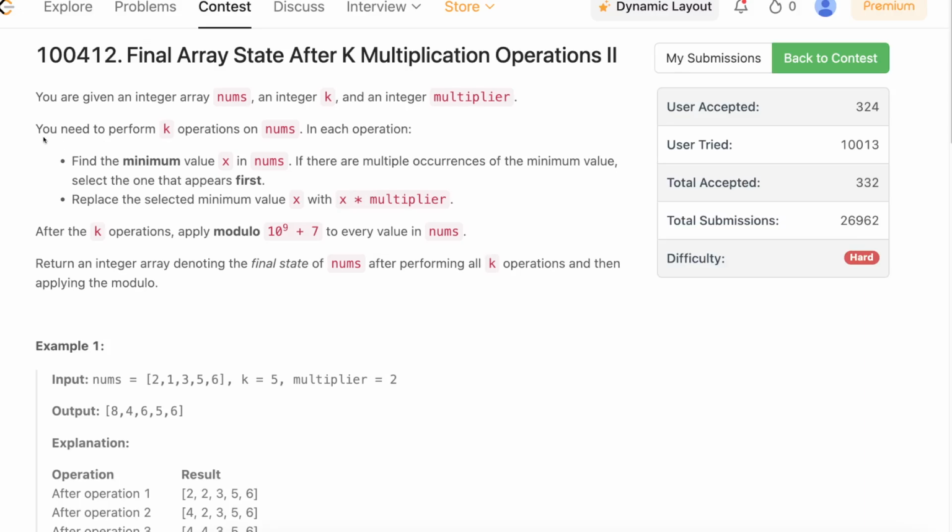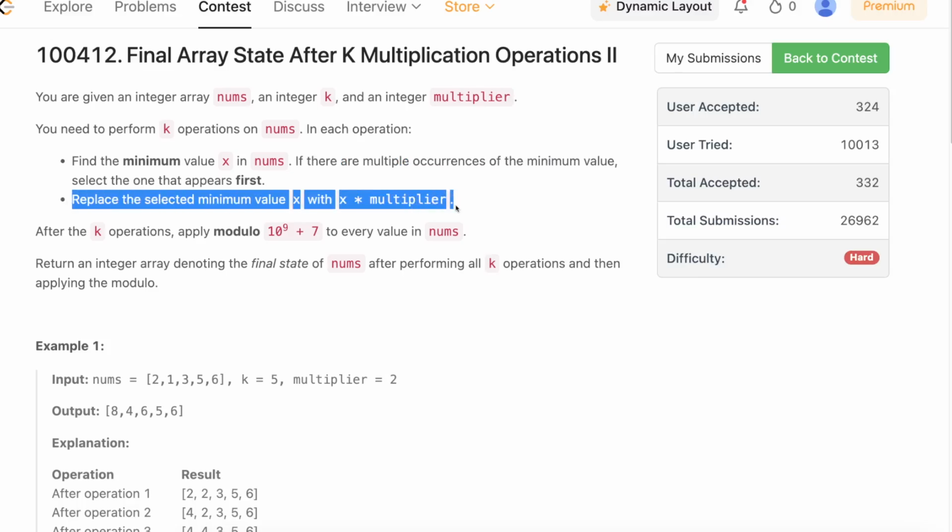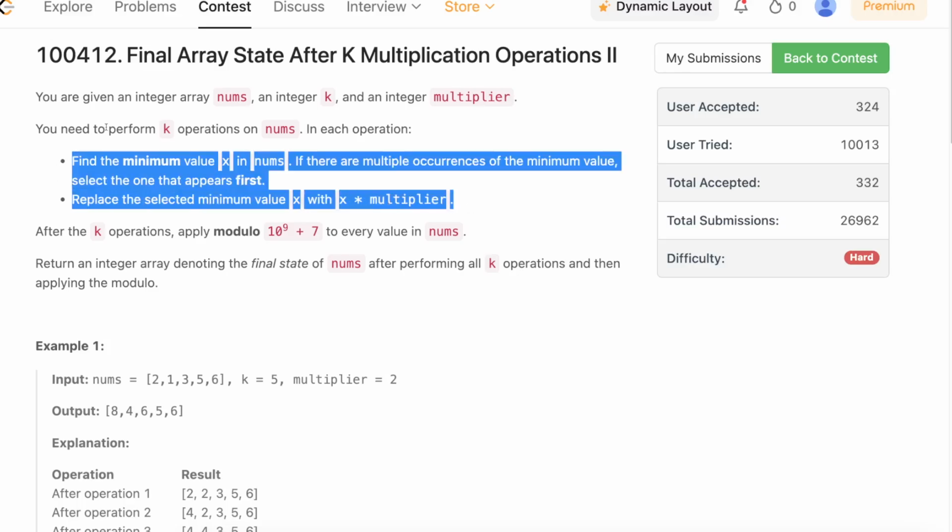Operation is you will find the minimum value x in the given array nums. If there are multiple of them, you will break the ties with the indexing and replace the selected minimum value x with x multiplied by multiplier. So you will keep on doing this k number of times, and whatever is the state, you will return that as the final answer.